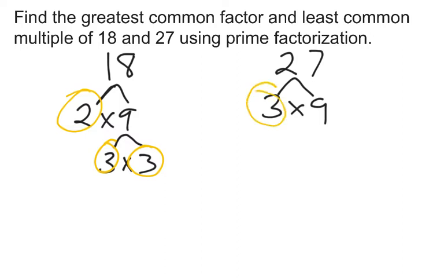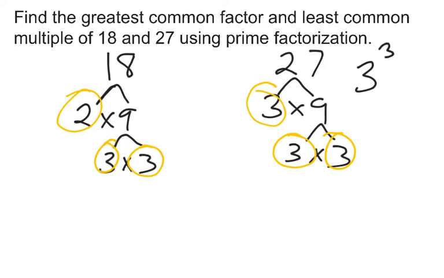And then we can break up the 9 into 3 times 3. So 27, of course, is 3 cubed, one of those perfect cubes. 3 cubed is our prime factorization here, and we have 2 times 3 squared as the prime factorization of 18.